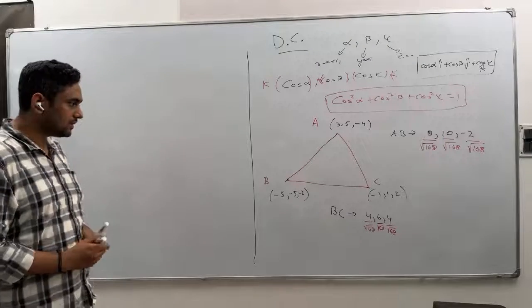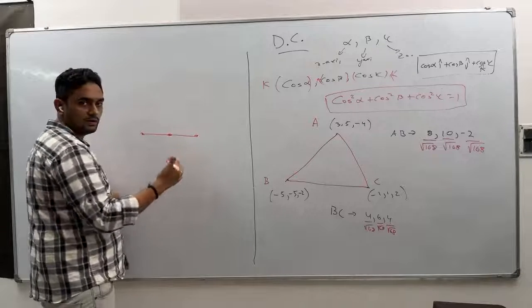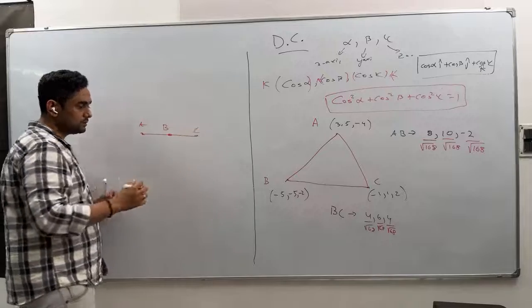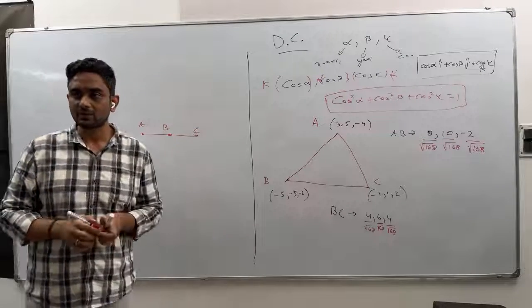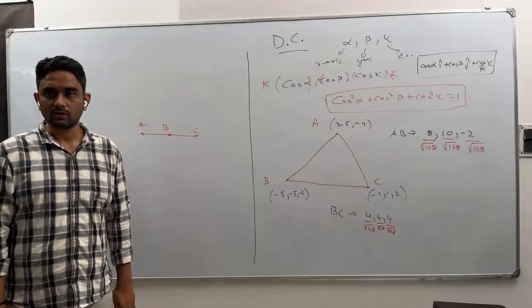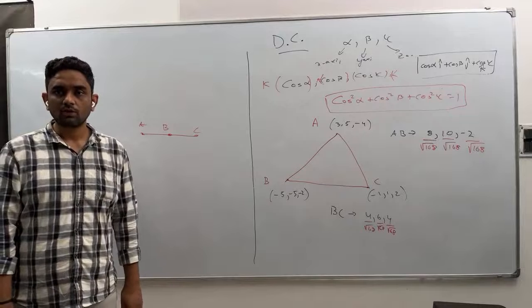For example, if I take 3 points, when will they be collinear? If the directions are the same. That means the direction cosine of AB should be the same as the direction cosine of AC or BC. Then they'll be collinear. Collinear means same direction. All of you are clear on this?